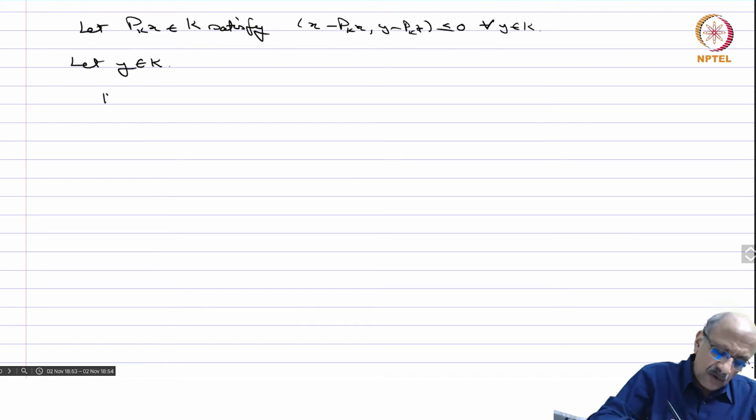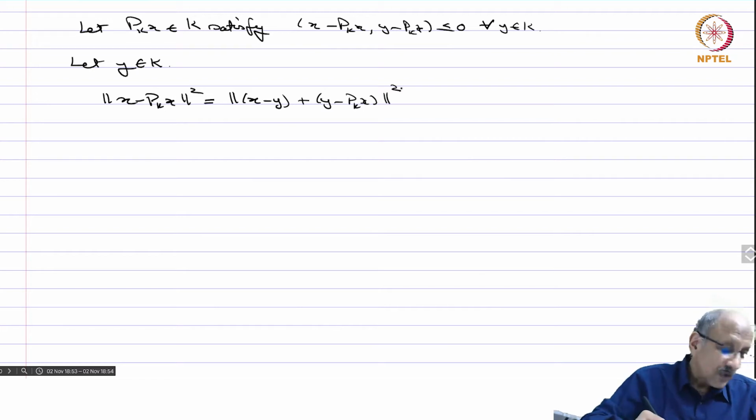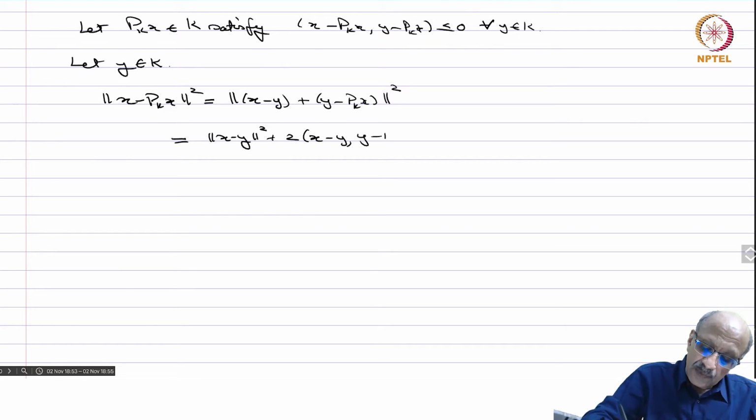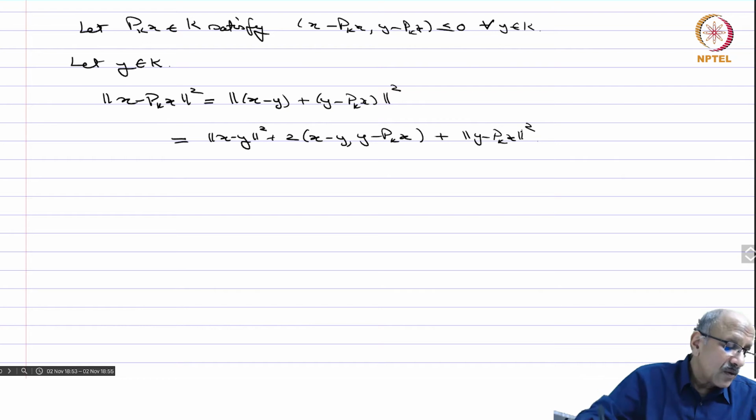So you have norm of x minus P_K x squared is equal to norm of (x minus y) plus (y minus P_K x) squared. So that is equal to norm of x minus y squared plus 2 times the inner product of x minus y and y minus P_K x plus norm of y minus P_K x squared.